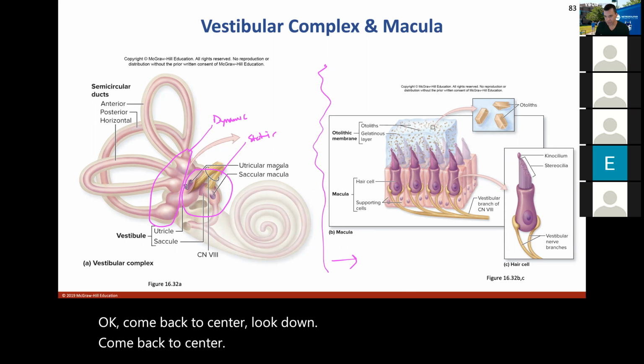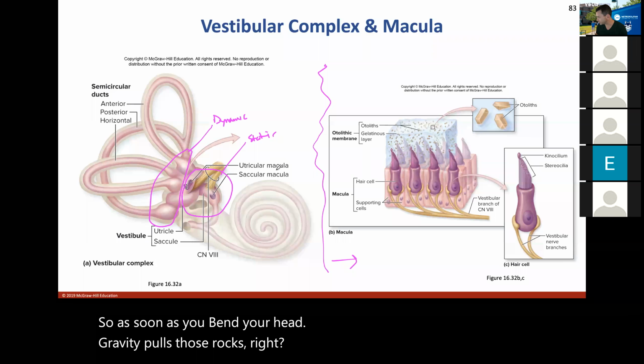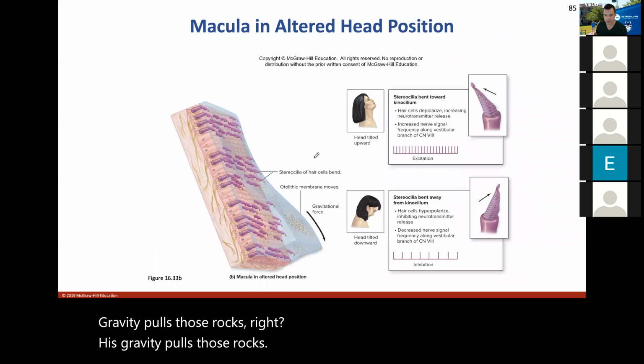What pulls rocks down? Gravity. So as soon as you bend your head down, gravity pulls those rocks, right? As gravity pulls those rocks, it pulls that gelatinous membrane with it.